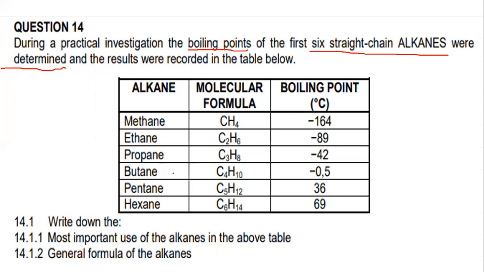So if you look at our table, they show us the alkanes, our methane all the way up to hexane. And then we've been given the molecular formula of each of those molecules, from the molecular formula of methane all the way to the molecular formula of hexane.